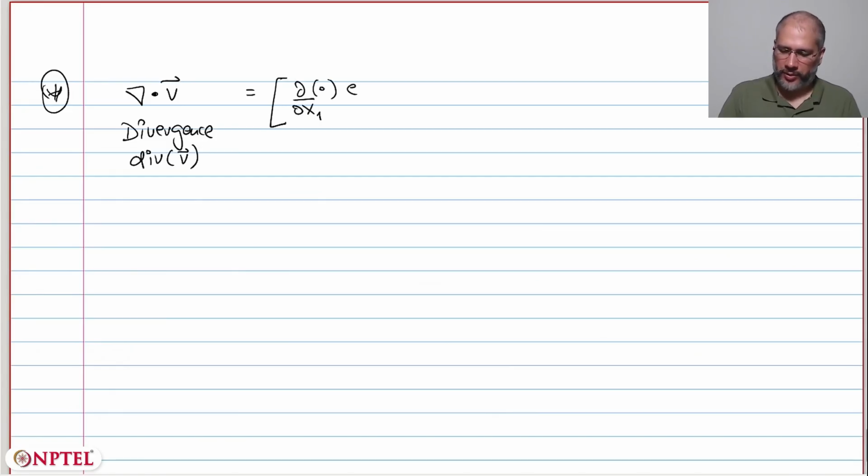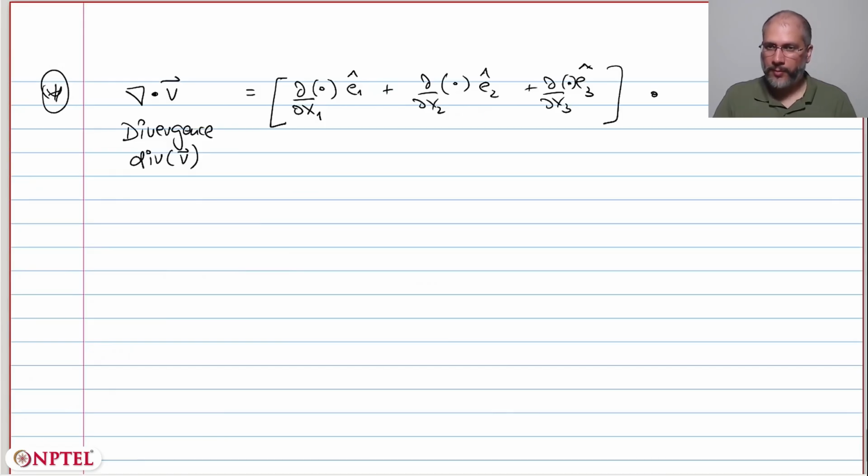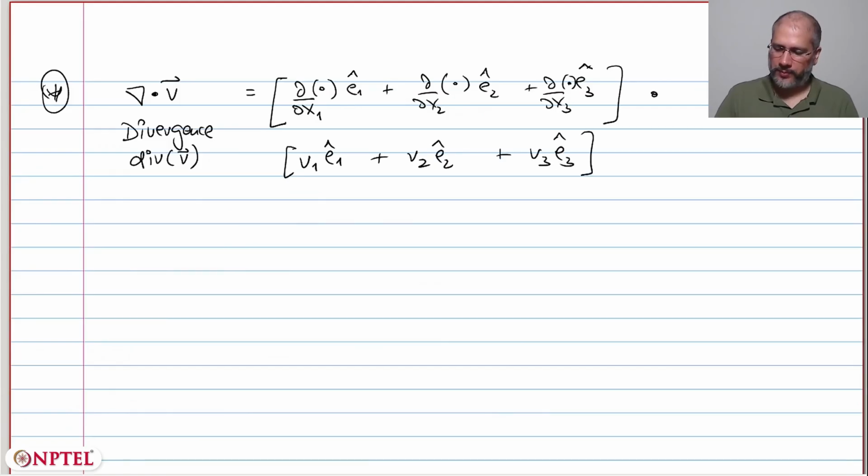So we'll write this as del by del x1 e1 plus del by del x2 e2 plus del by del x3 e3 dotted with the vector v. So v is written as v1 e1 plus v2 e2 plus v3 e3.